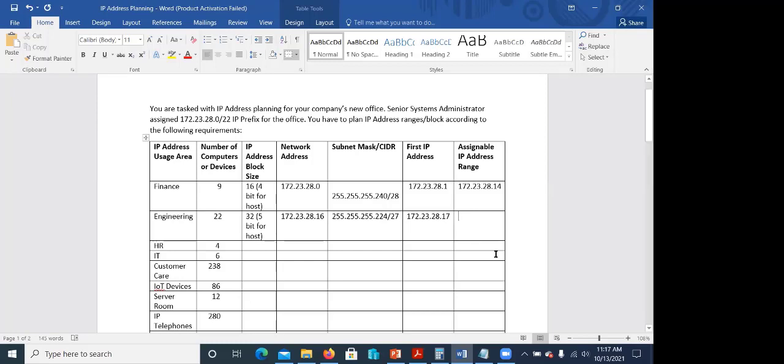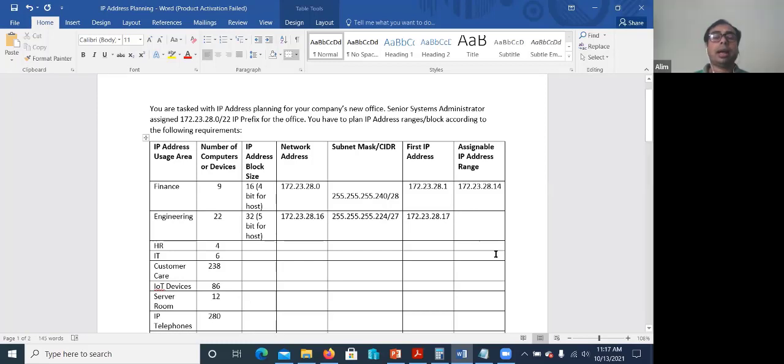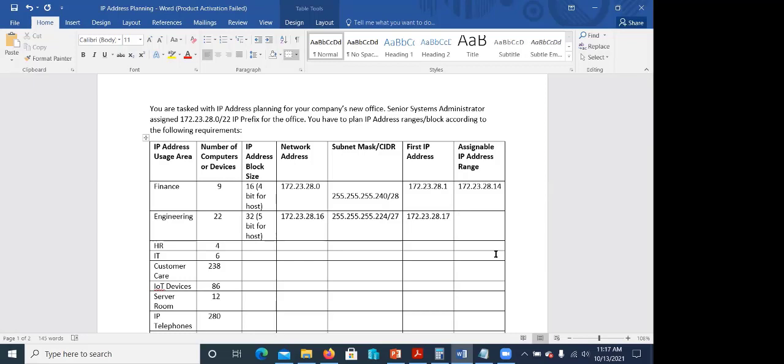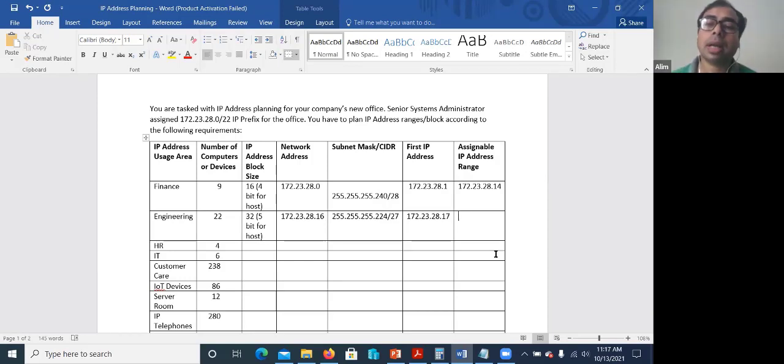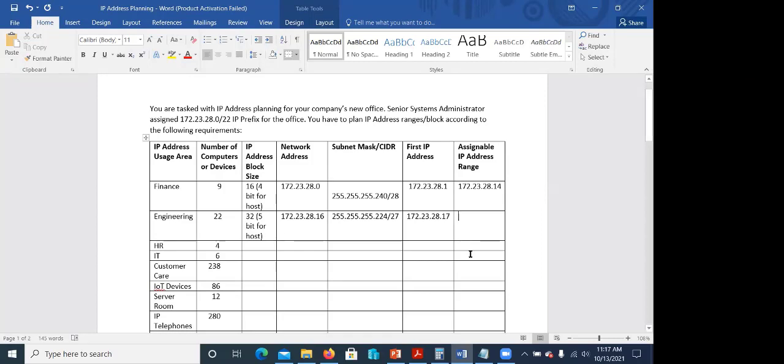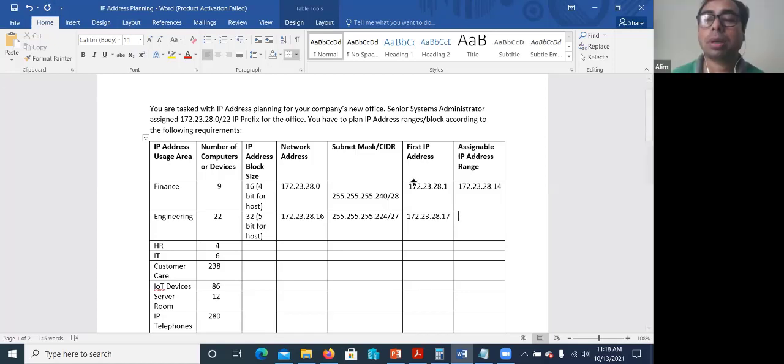Okay. Then what will be the last IP address? Sir, 15. 172.23.28, okay, the last octet is enough for me. 17 is the first one. What will be the last IP address?